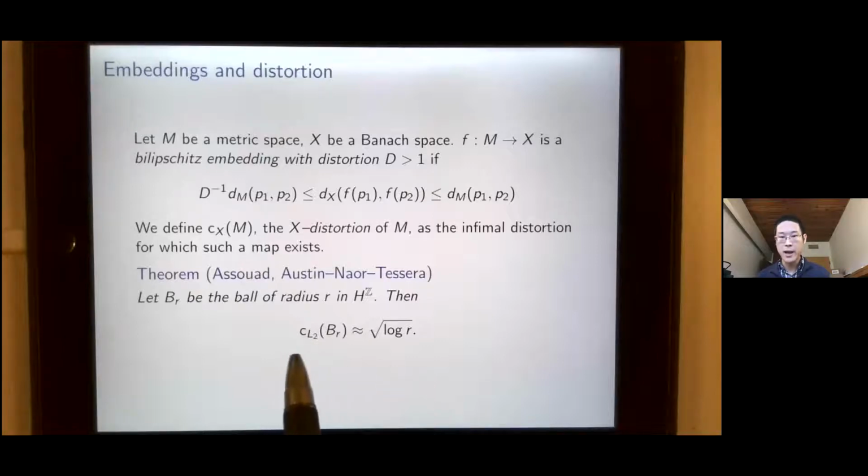And so it makes sense that as we try to embed larger and larger pieces of the Heisenberg group, it becomes more and more difficult.